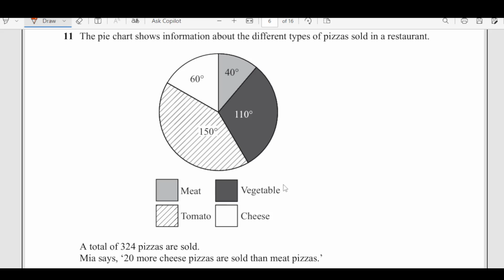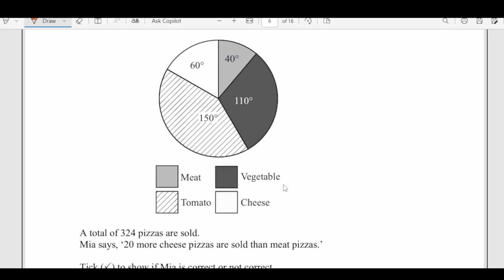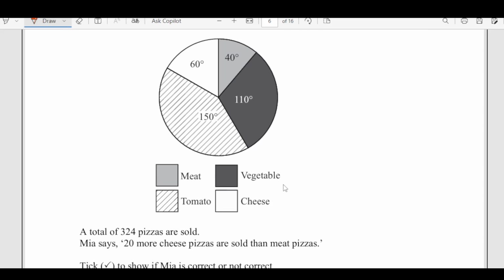A total of 324 pizzas are sold. Mia says that 20 more cheese pizzas are sold than meat. So we are comparing cheese and meat. Cheese is 60 and meat we have 40, right.